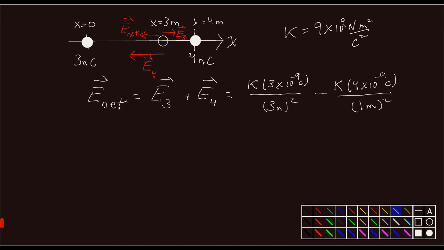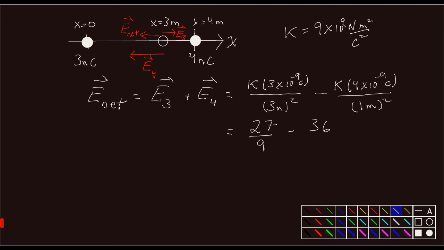Okay? So, if we are to add these two terms together, well, first of all, what does E3 become? Well, k times 3 times 10 to the minus 9 gives us 27 over 9, and our other term gives us 36, and there's a negative sign there giving us a subtraction.